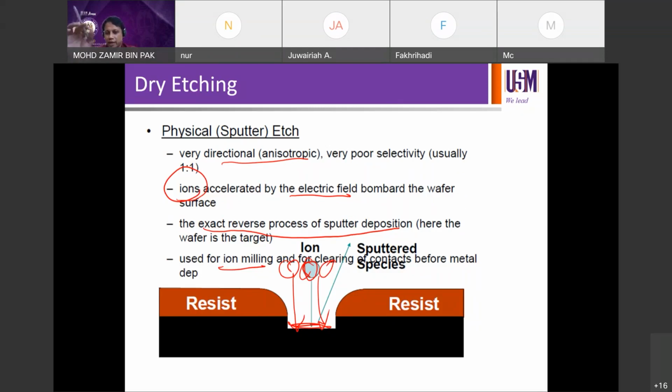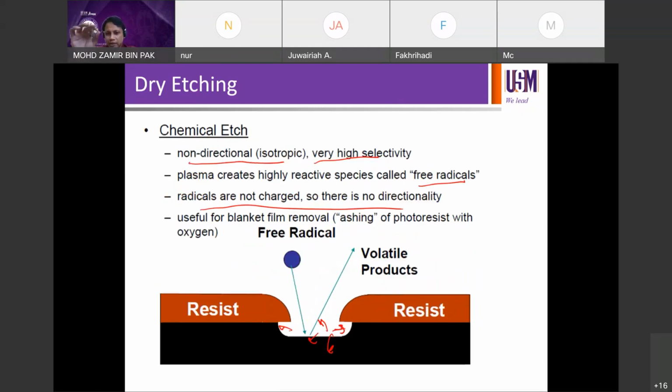So that's why physical etch is anisotropic, chemical etch is isotropic. Useful for blanket film removal, for example, etching of resist. Okay, remember last time we talked about etching, we talked about removing the resist when we talk about the rework process. And kita discuss tentang rework, you know, remove resist in all directions.